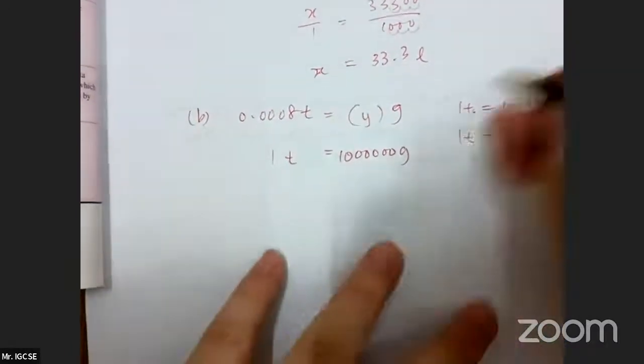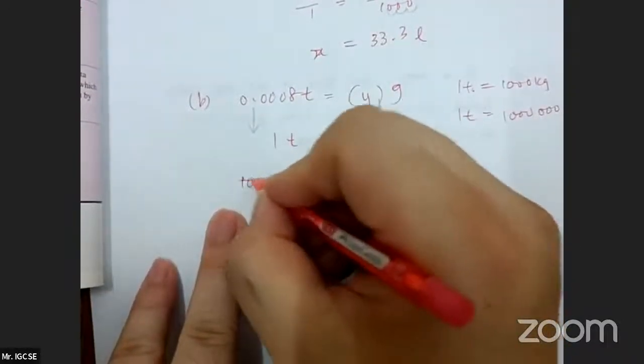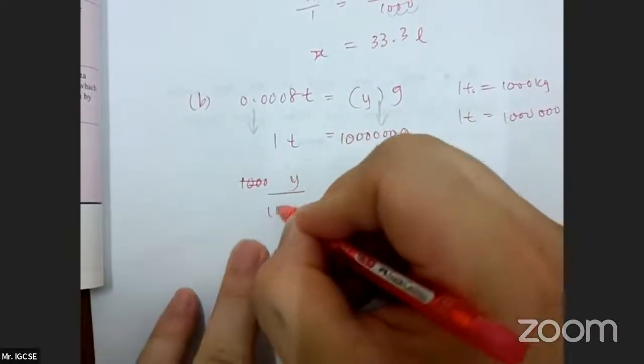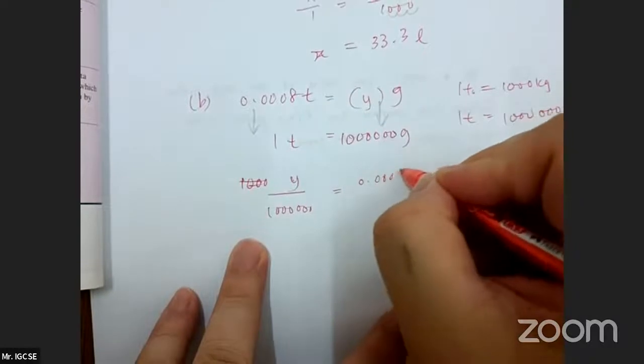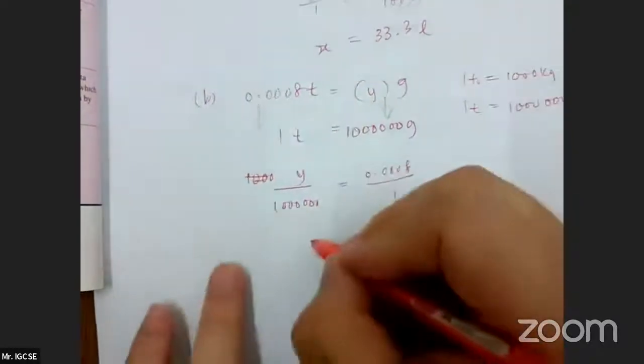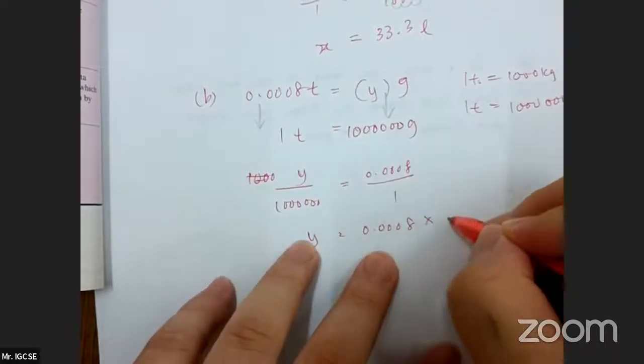Now you can put a y here. From our y, we can draw an arrow. Y divided by 1 million equals 0.0008 divided by 1. So the y is 0.0008 times 1 million.